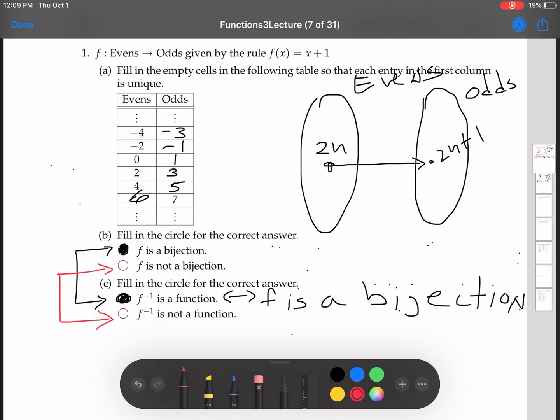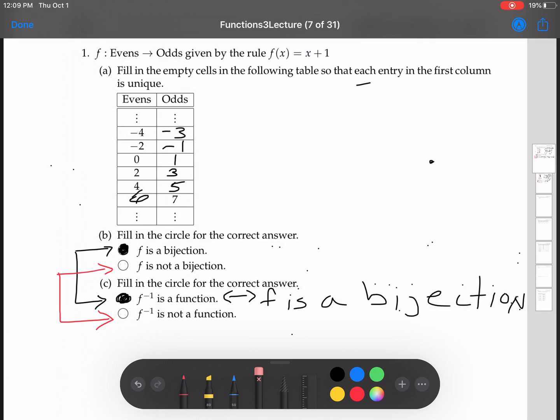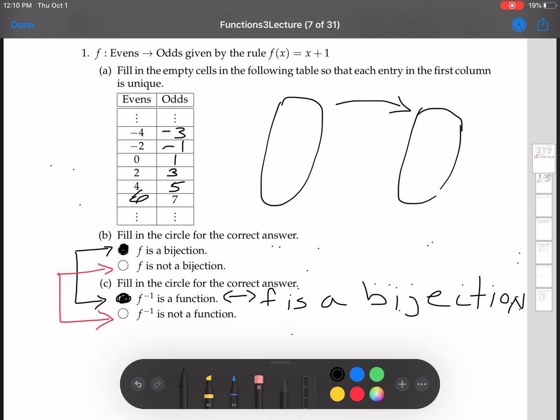Now remember, f inverse is just going the opposite direction. So if we have evens to odds, f inverse goes the opposite direction.